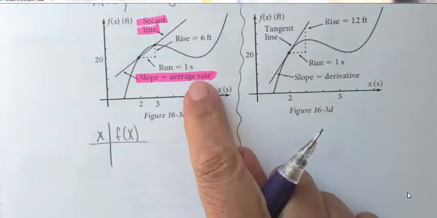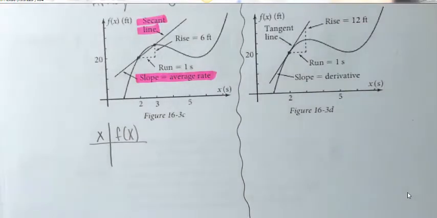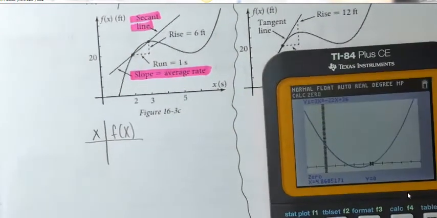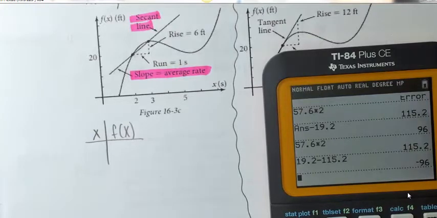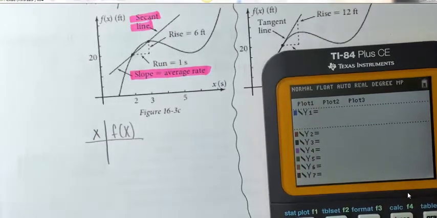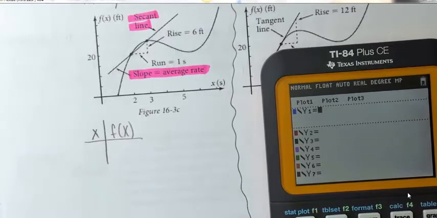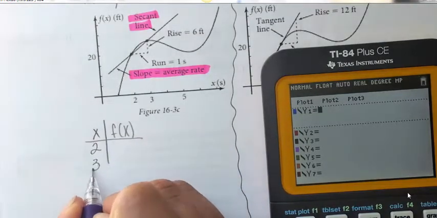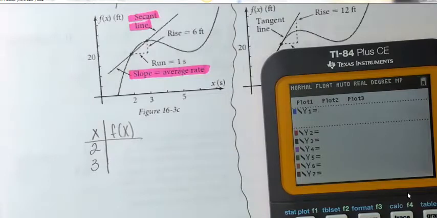This is the same exact graph. We were already given the function for that graph. So in order for me to evaluate, now the fastest way to do this is to go and create a function in my calculator that I can then use my table for the values, right? So I care about the average rate of change between 2 seconds and 3 seconds. So those are my inputs, and then I'll get my outputs for those.